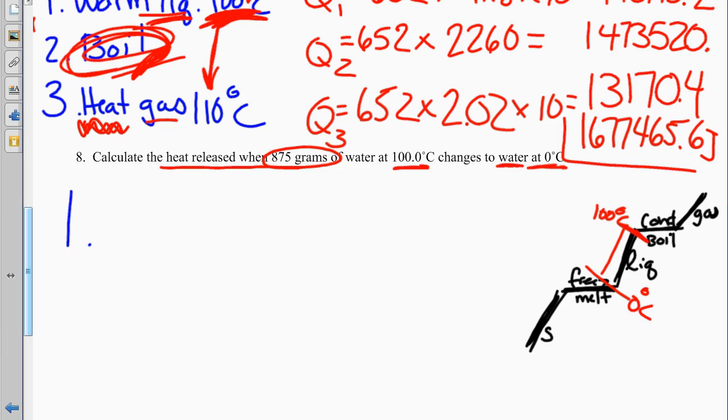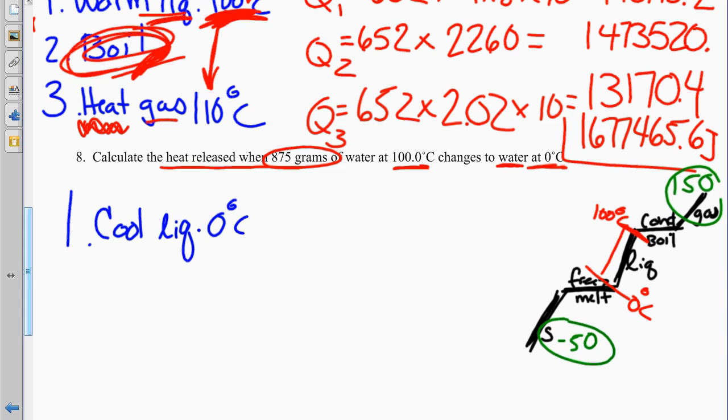Some of the harder things here is if it says, hey, I want water at -50, you need to know that -50 is a solid. If it says, hey, I want water at 150, you need to know that that is a gas. All we're doing here is cooling our liquid to 0 degrees Celsius.